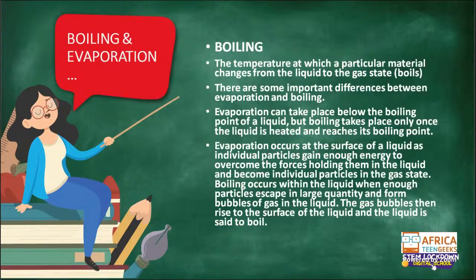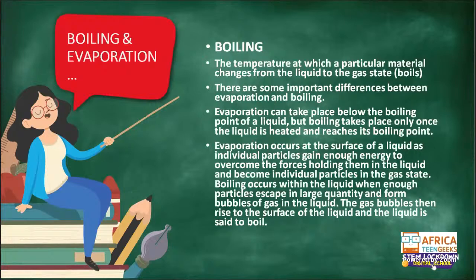If you place water outside and the sun is very hot, the water will start to evaporate even though it has not reached its what? Boiling point. But for boiling to occur, the liquid will have to be heated. It means you have to apply heat and the liquid will have to reach its boiling point. Until then, we can see the water is being boiled, and then the water vapor escapes.